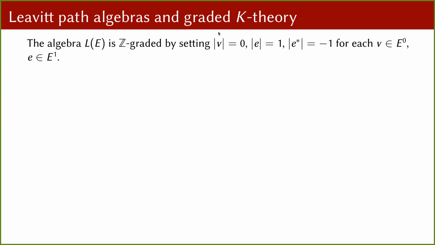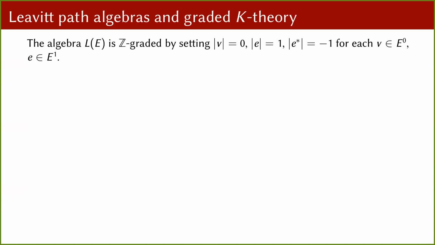So we set that the vertices have degree 0, the original edges of the graph have degree 1, and the formally added edges in the opposite direction have degree -1. One checks this is compatible with the relations on the algebra, and so LE is Z-graded.